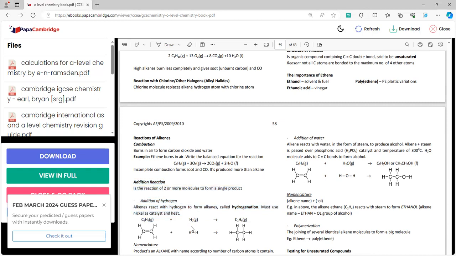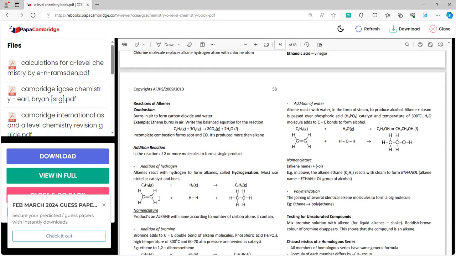In an addition reaction, for example, ethene reacts with hydrogen or bromine. The hydrogen atoms selectively attach across the double bond at the two carbon atoms. So you can see that after the reaction, the alkene is converted into an alkane, and only single bonds are present.